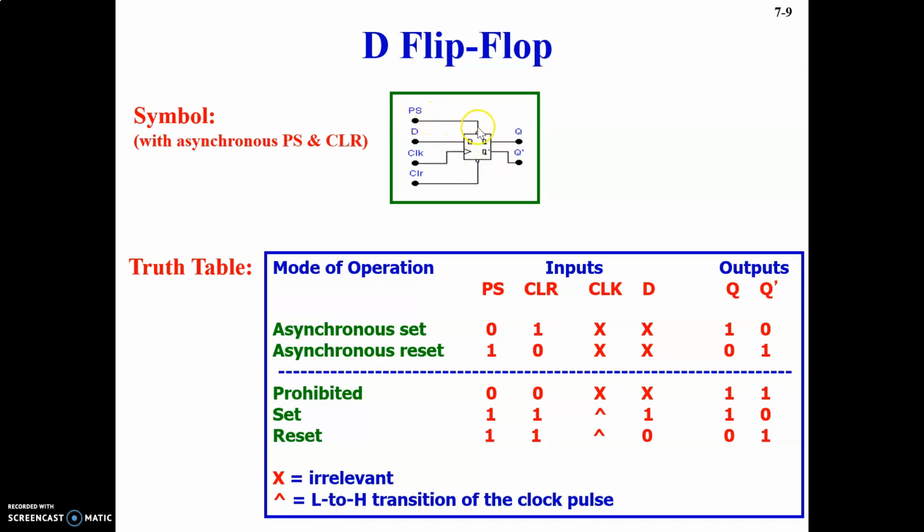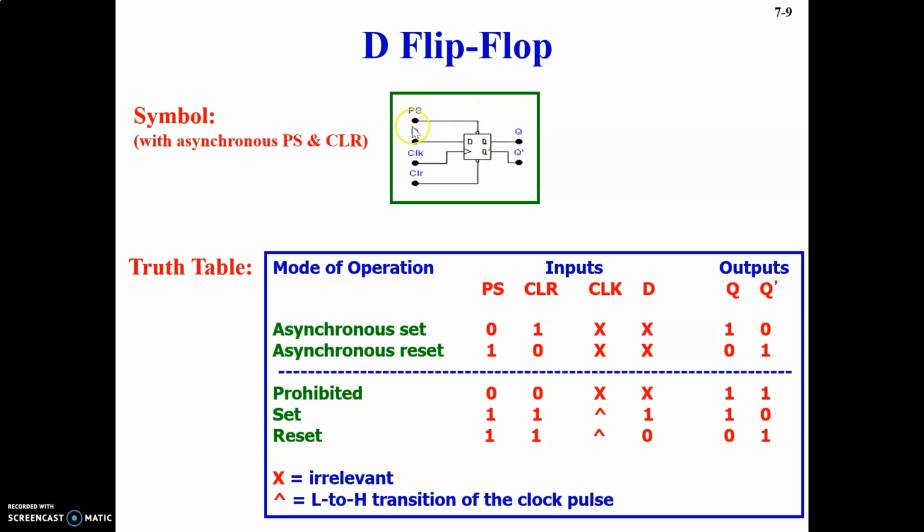The preset and the clear will set the state of Q and Q not no matter what the clock is doing, whether it's at the rising edge or the trailing edge of its signal. As long as you send preset a low, it will set Q to high, and as long as you send a low to clear, it'll set Q not to high.